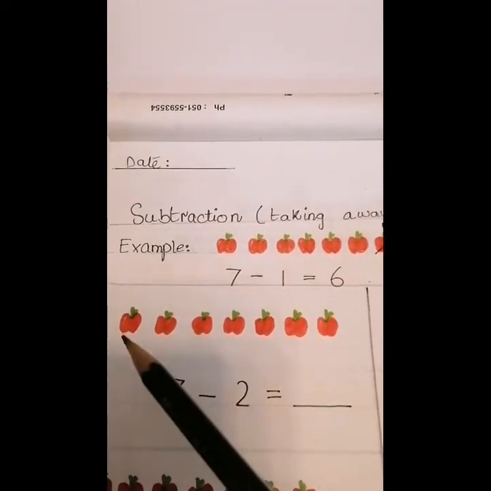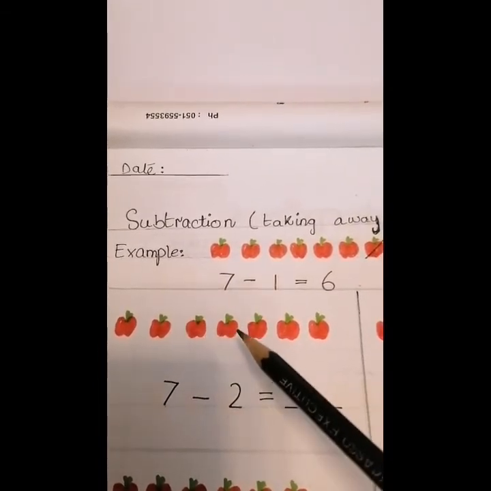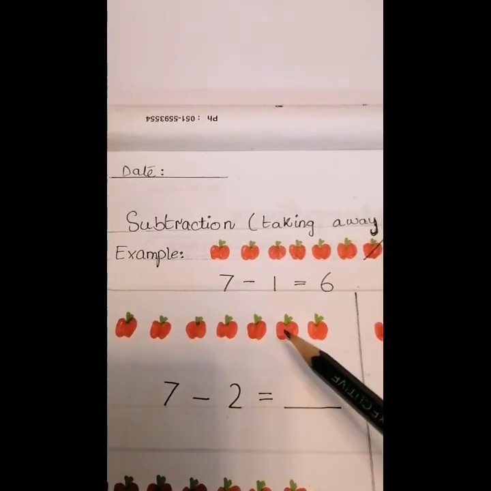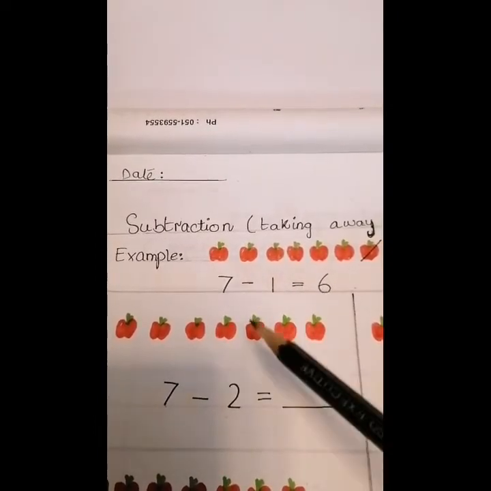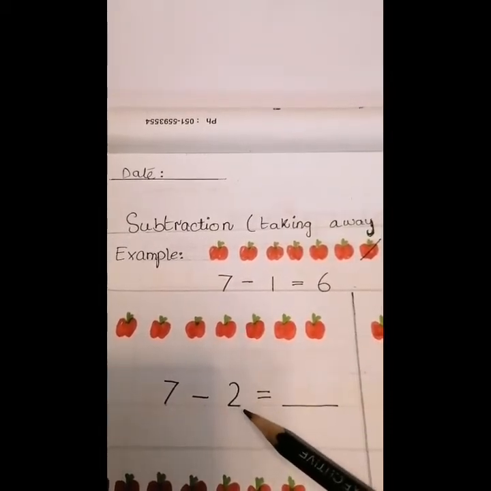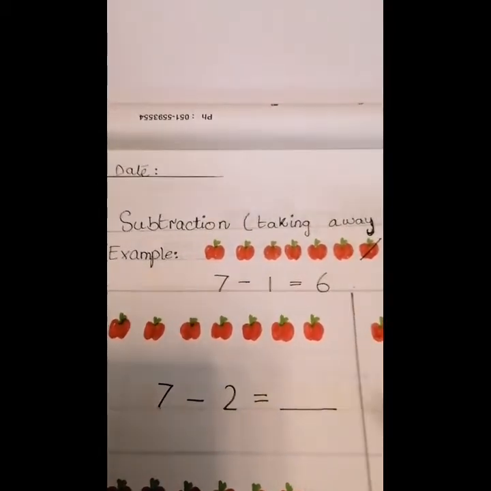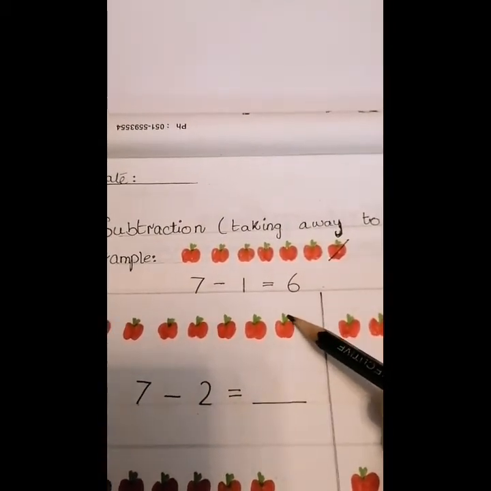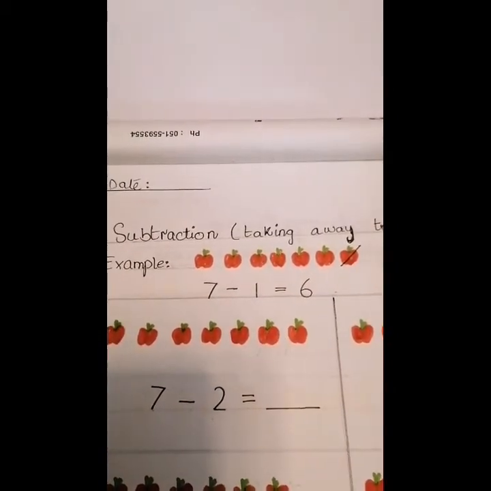So let's count these apples. 1, 2, 3, 4, 5, 6, 7. These are 7 apples. And we have to take away how many apples? 2 apples. So let's cross 1 and 2 apples.